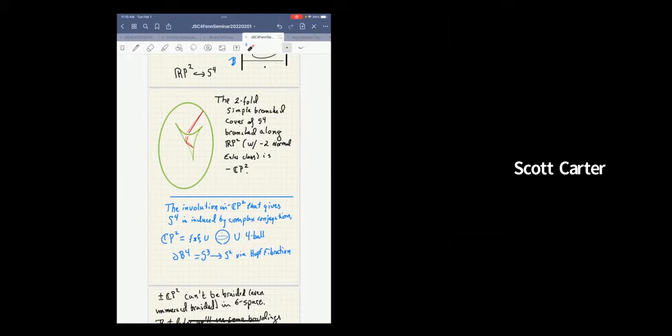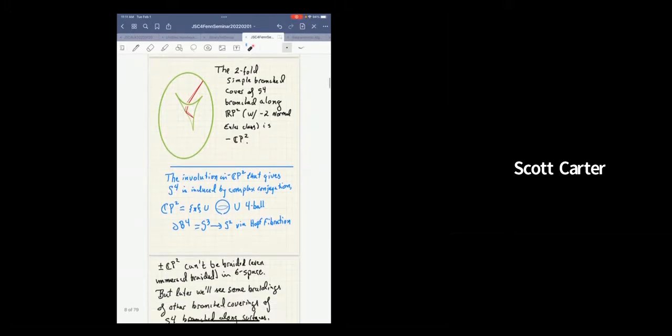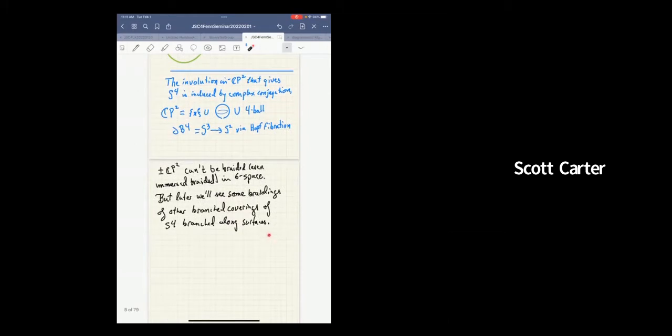And then there's a 4 ball that's attached to the sphere here, and the attaching map is given by the Hopf fibration. So if you start with CP2 and you look at this sphere, apply complex conjugation, then it will quotient out to a cross cap, and that gives you the twofold branch cover. Now, as far as I know, CP2 can't be braided or immersed braided in 6 space.